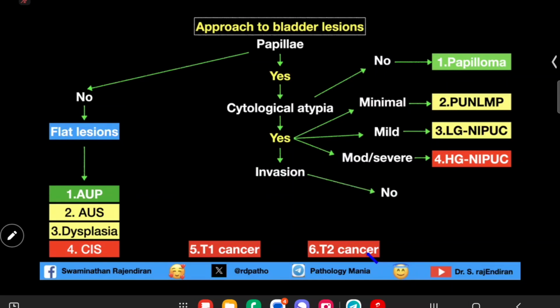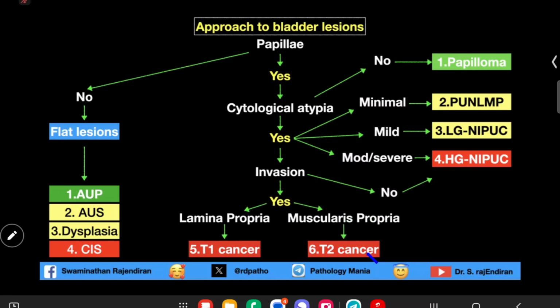In papilloma, PUNLMP, and low-grade and high-grade non-invasive, there won't be any invasion. When there is invasion, you have to see whether it is in the lamina propria, then it will become T1 cancer. And if the invasion involves the muscularis propria, then it will be T2 cancer. So this is the easiest way to approach any bladder lesion.